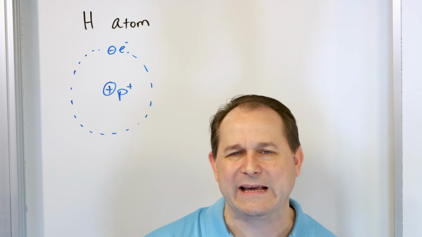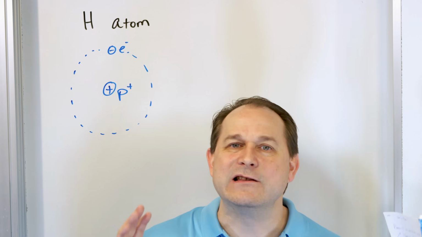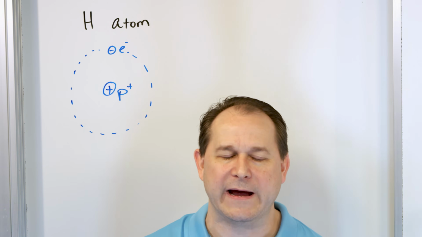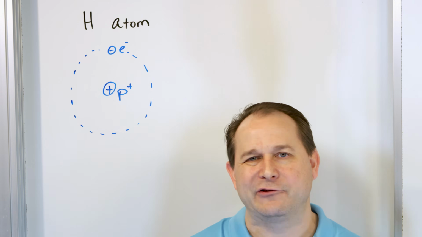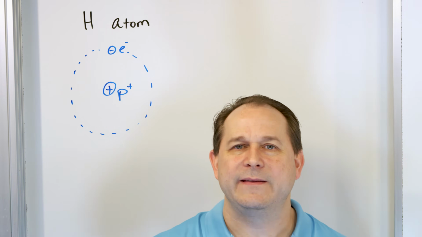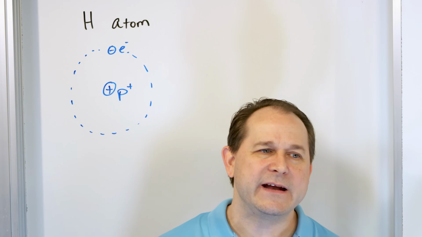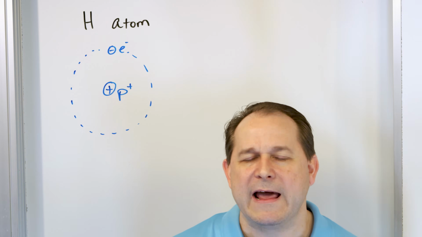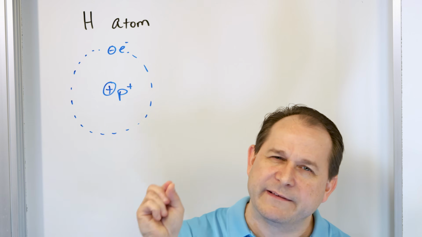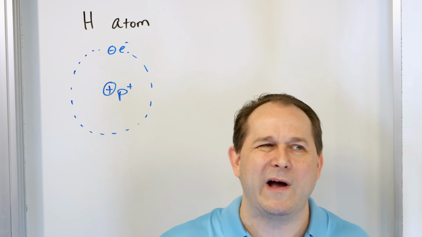We know from quantum mechanics that an atom is not a little solar system with the electron orbiting. I still draw it this way because if I tried to draw it the way we actually think electrons behave, as waves that surround the atom, then it becomes impossible to draw and impossible to visualize, especially with many, many electrons. So we still draw them as little balls, but electrons are not balls, they're waves.